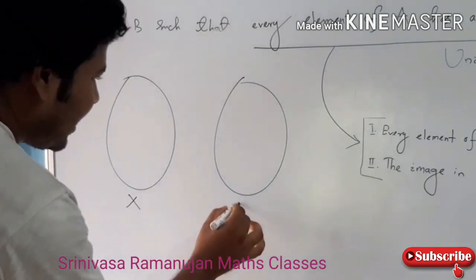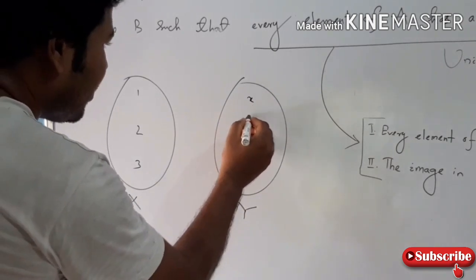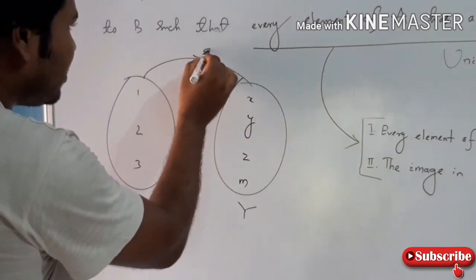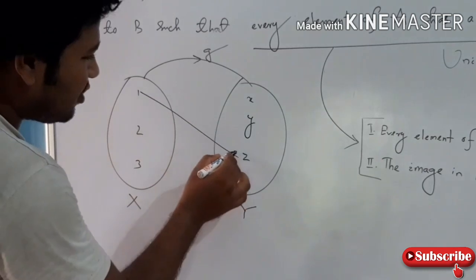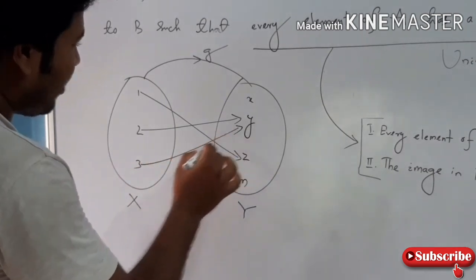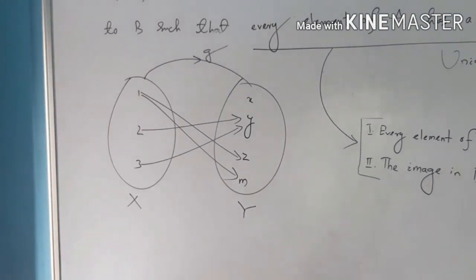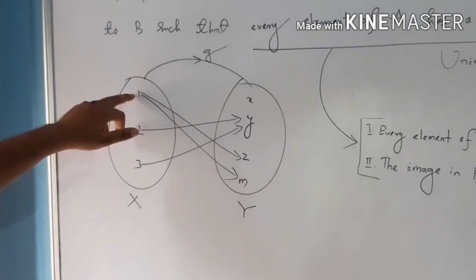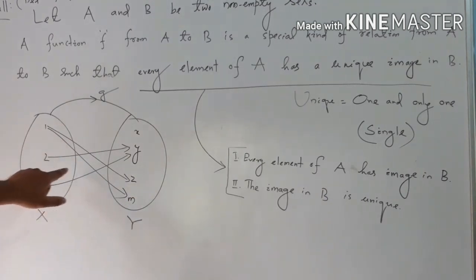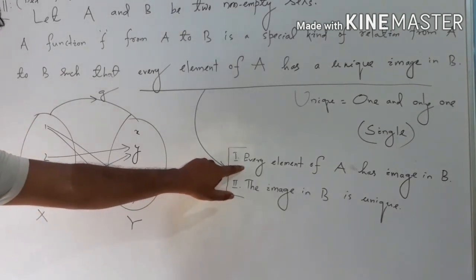This is a set X, this is a set Y, it has three elements 1, 2, 3, and this has 4 elements X, Y, Z, and M, and suppose this relation is G. Suppose 1 is related to Z, 2 is related to Y, 3 is related to Y, and 1 is related to M. So by the definition we will see that every element of X has an image, because 1 has images Z and M, 2 has image Y, and 3 has image Y. So therefore the first condition of our function is satisfied.